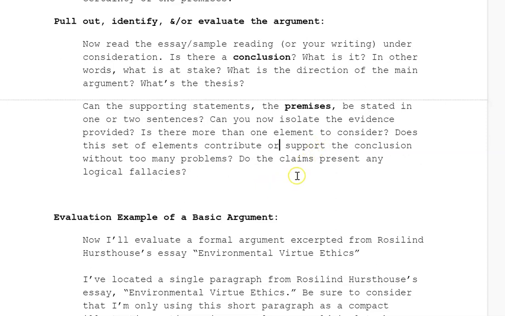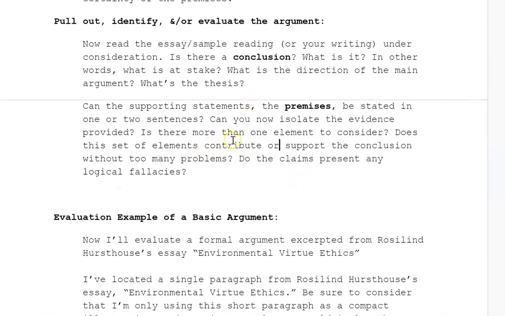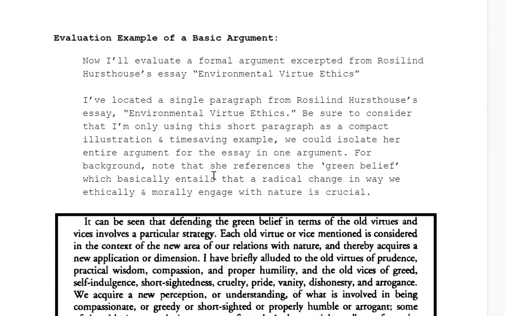Do the claims present any logical fallacies? So in other words, the way to know if the argument is strong is to start examining the premises and take it from there. Okay. So, considering the way in which the premises are laid out, you would start applying critical thinking to how that's understood.